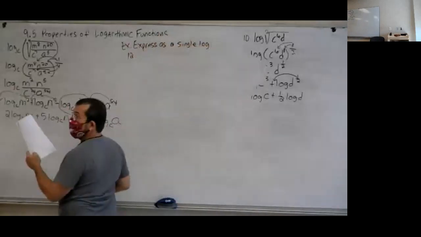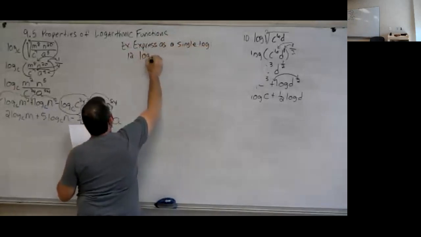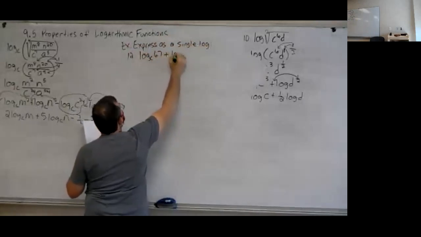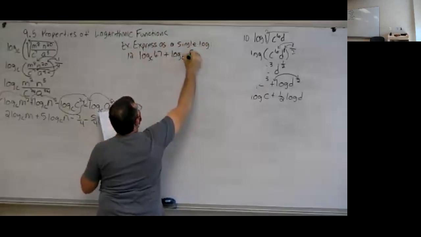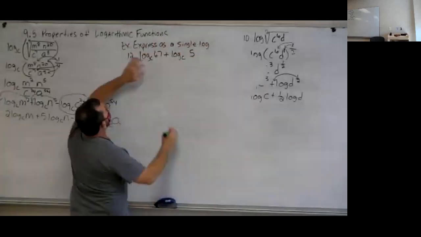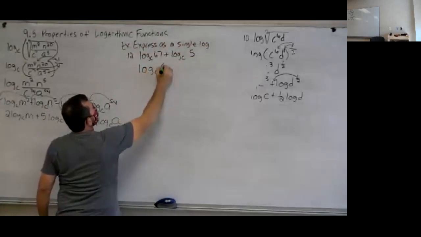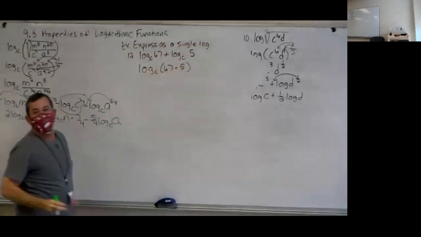All right, number 12 has a log base C of 67 plus a log base C of 5. So this one, they're being added, so I write it as a product, log base C of 67 times 5.